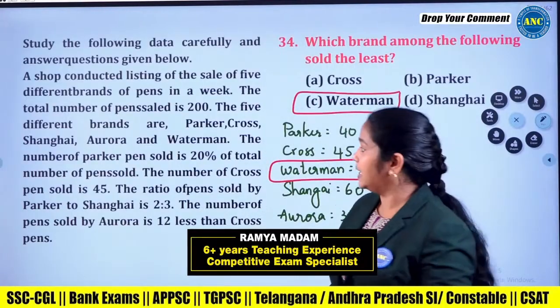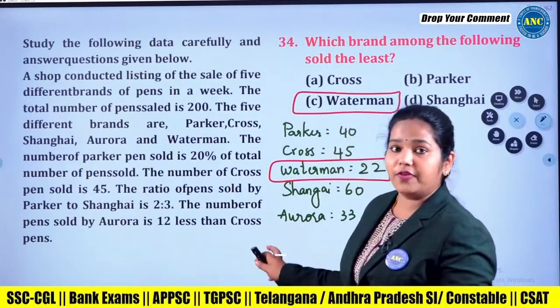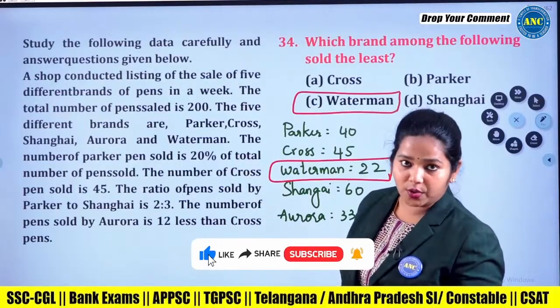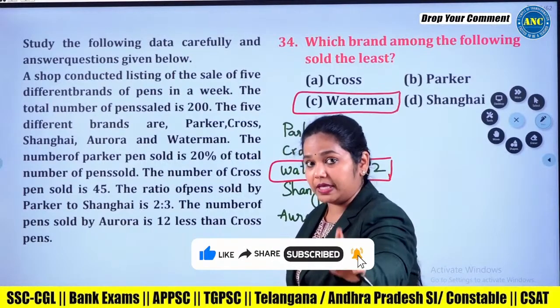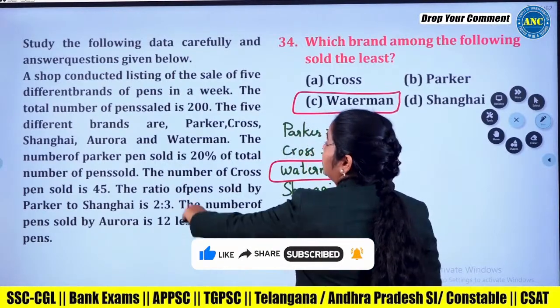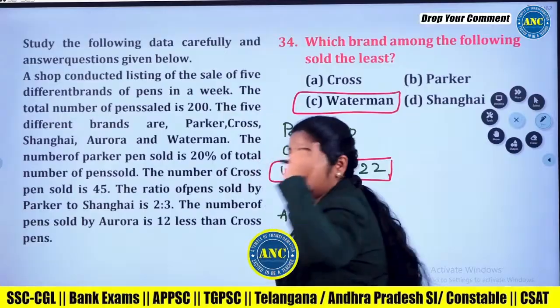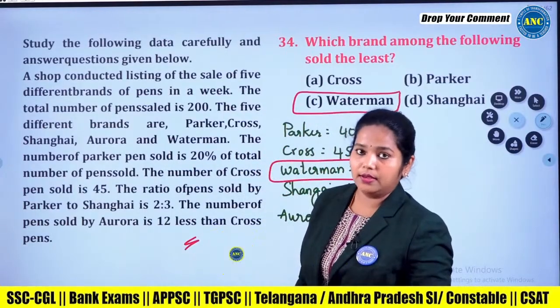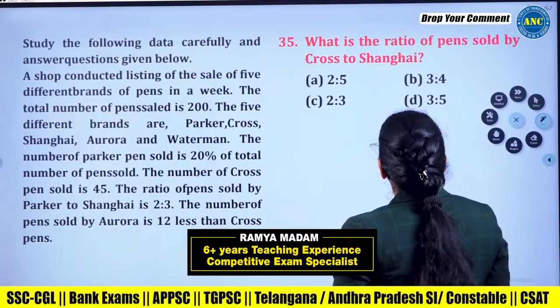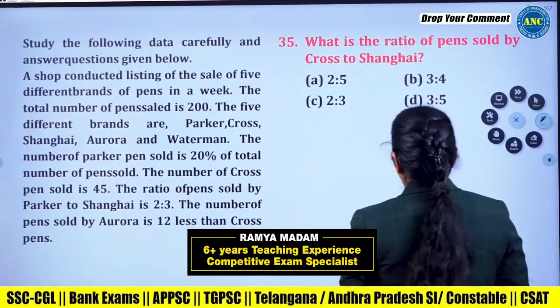Clear how we decoded the content? If you practice more and more questions, then you will be able to decode this completely in your mind and write just the values. What is the ratio of pens sold by Cross to Shanghai?